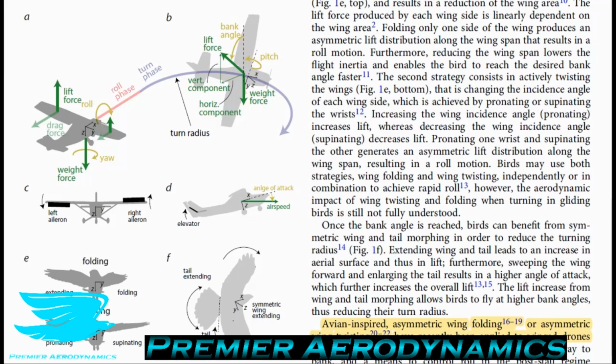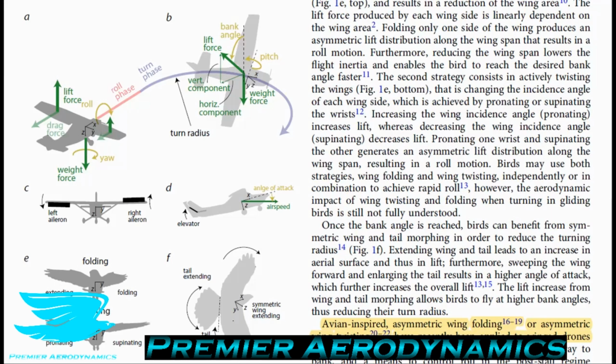So increasing the wing incidence angle, so pronating, increases the lift, whereas decreasing the wing incidence angle, so supinating, decreases the lift. Pronating one wrist and supinating the other generates an asymmetric lift distribution along the wing span, resulting in a rolling motion. So birds may use both of these strategies, wing folding and wing twisting, independently or in combination, and that will achieve rapid roll.